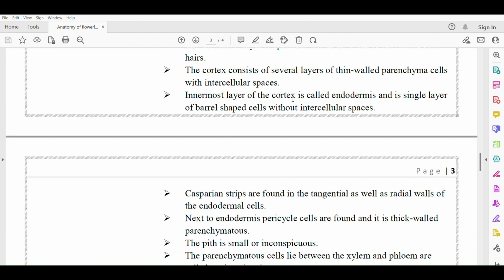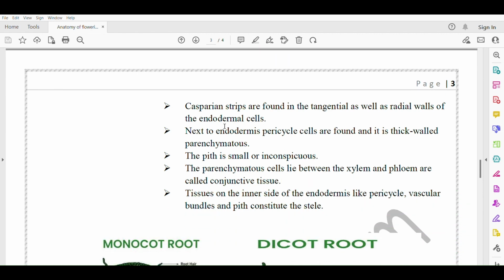The innermost layer of the cortex is called endodermis, a single layer of barrel-shaped cells without intercellular spaces. Casparian strips are found in the tangential as well as radial walls of the endodermal cells. Next to endodermis, pericycle cells are found, which are thick-walled parenchymatous.